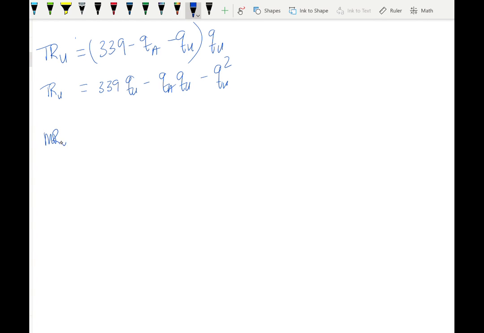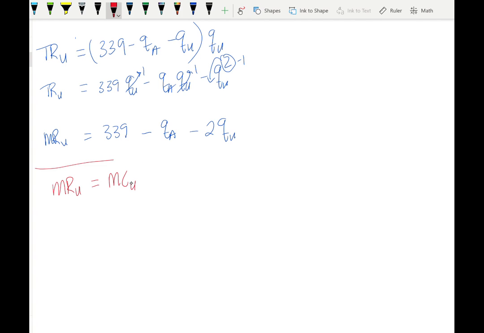So marginal revenue for United Airlines would be 339, because this goes to 1, minus QA, because this goes to 1, minus 2 times QU, because this comes down here and we subtract 1. And so we can do our profit max condition for United.